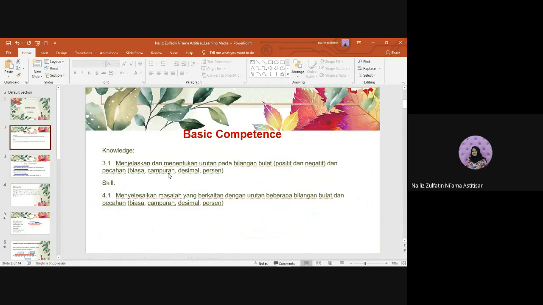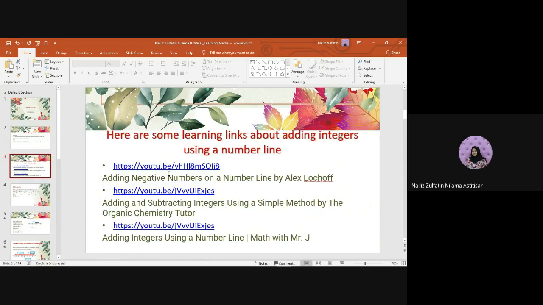And skill: menyelesaikan masalah yang berkaitan dengan urutan, beberapa bilangan bulat, dan pecahan biasa campuran, desimal dan persen. Here are some learning links about adding integers using a number line. I have 3 videos and you can use them.